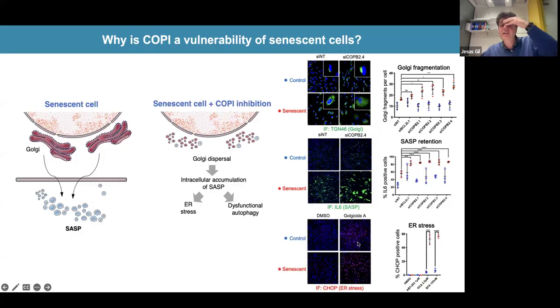And because it's more notorious in senescent cells, it will cause this ER stress selectively in the senescent cells. And as a result, there will be apoptosis. We believe this is part of the explanation of why this is a selective vulnerability of senescent cells.